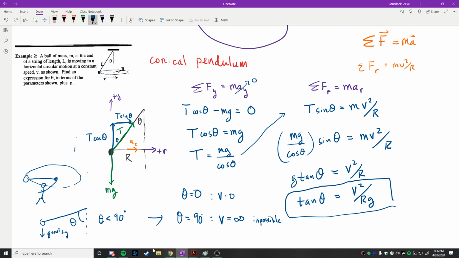Gravity will always make a small, tiny little dip below this angle right here. You can try it yourself: take a ball on a string and swing it above your head, and you'll notice there's always a little tiny angle right here. It could be 1 degree, 2 degrees, more likely like 10 degrees. It doesn't actually even depend on the mass of the ball. It only depends on the radius of the swing and gravity.